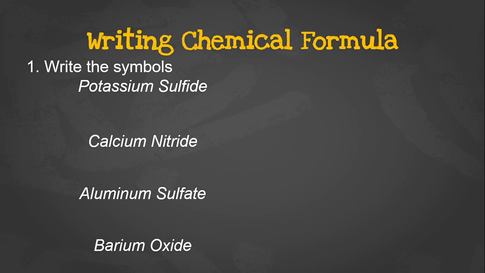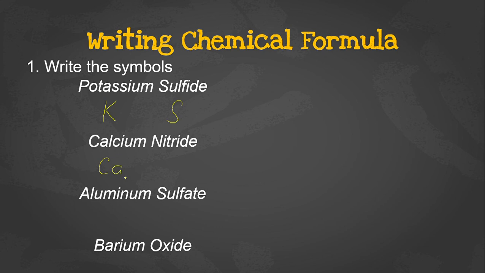And then, last lesson na lang natin, ito, how do we write chemical formulas given the name naman. Kanina, formula yung binigay, tapos papangalanan natin. Ngayon naman, yung pangalan ng chemical, tapos susulat natin yung formula. So, ito yung mga steps. Una, you write the symbols. So, halimbawa, potassium is K, sulfide is S from sulfur.